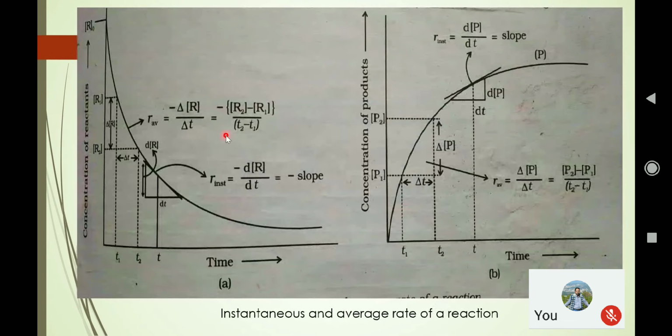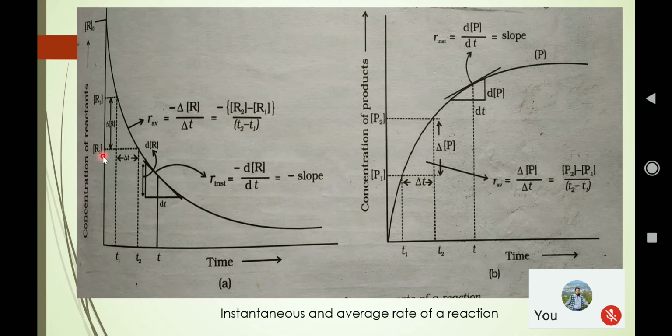Graphically, we can explain that if the concentration of reactant is plotted against time, then at time t1 the concentration of reactant was R1, which is a larger value, and at time t2 the concentration of reactant has a lower value.